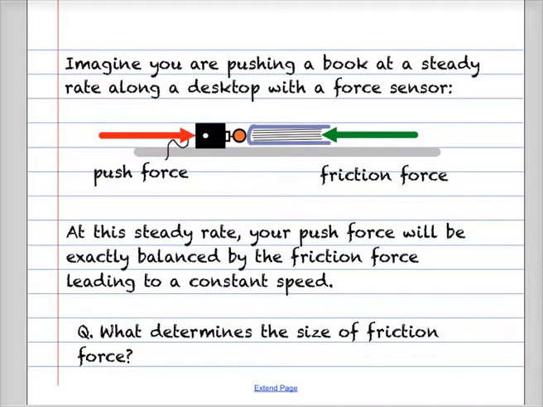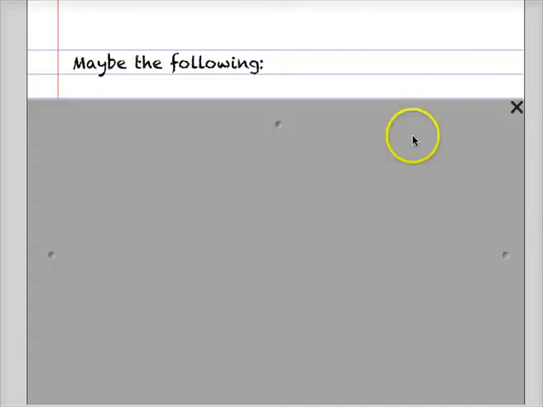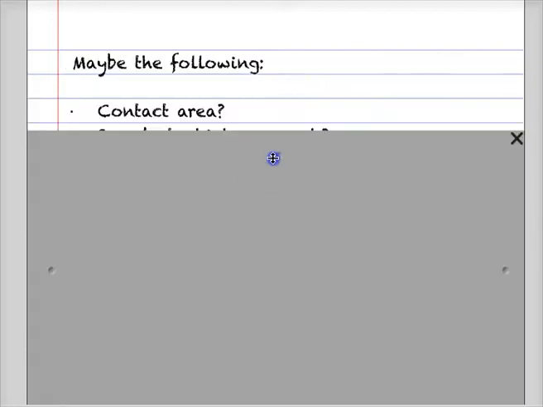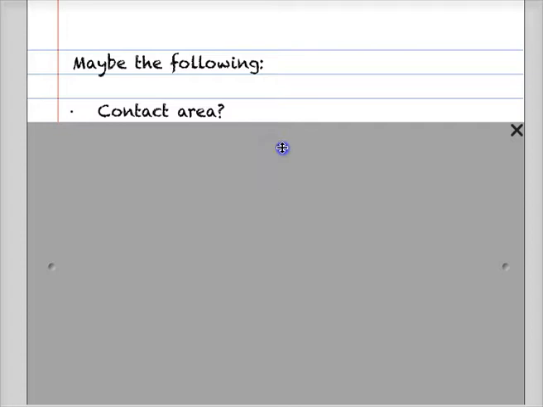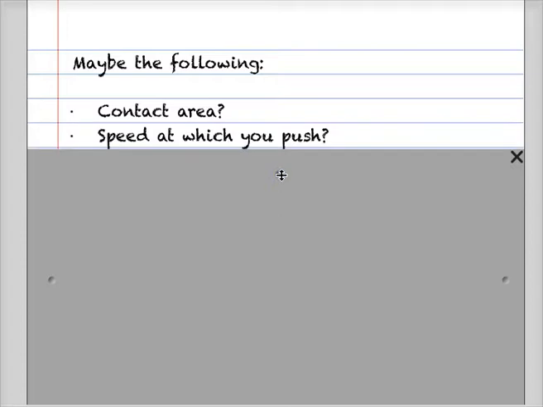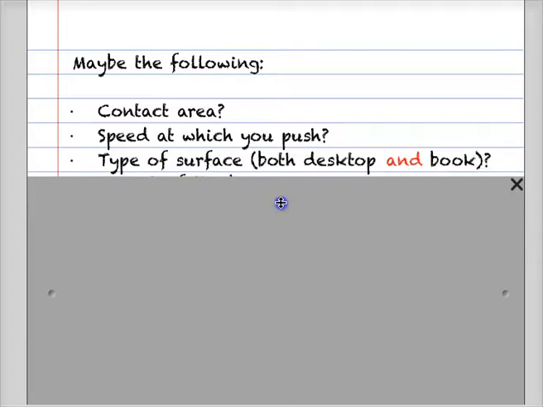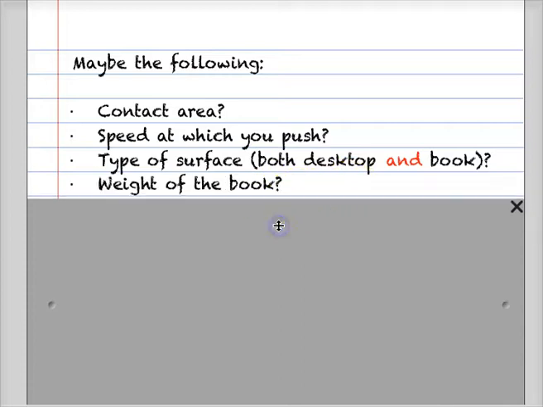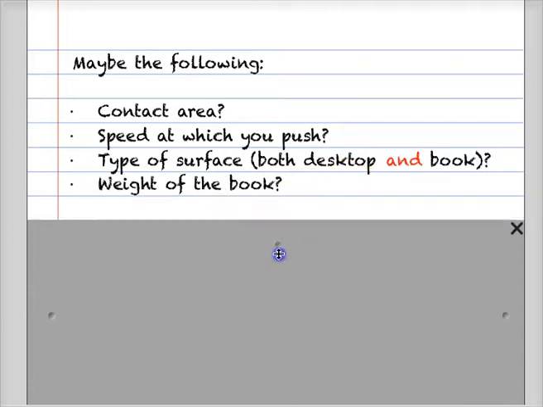Now what determines the size of that friction force between the desktop and the book? Maybe the contact area, maybe the speed at which you push the book, maybe the type of surface or surfaces, both the desktop and the book, or even the weight of the book.